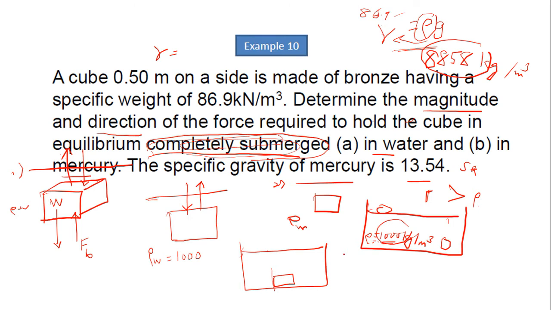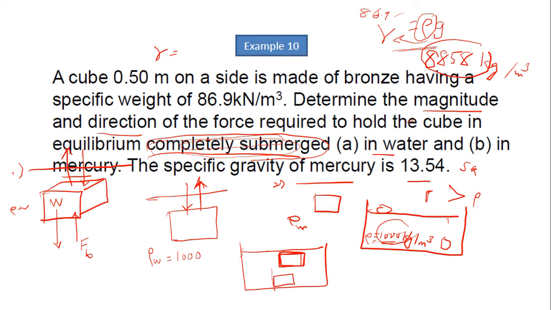So in this question they said, what is the direction of the force required to hold the bronze in equilibrium completely submerged? Outward. Mestilah outward, sebab dia dah berat sangat, dia akan jatuh. So your external force that you need to apply on this bronze is acting outwards, so that it can stay in equilibrium in the fully submerged position.